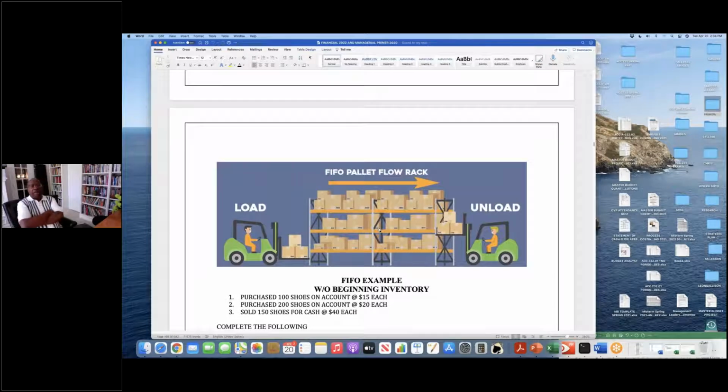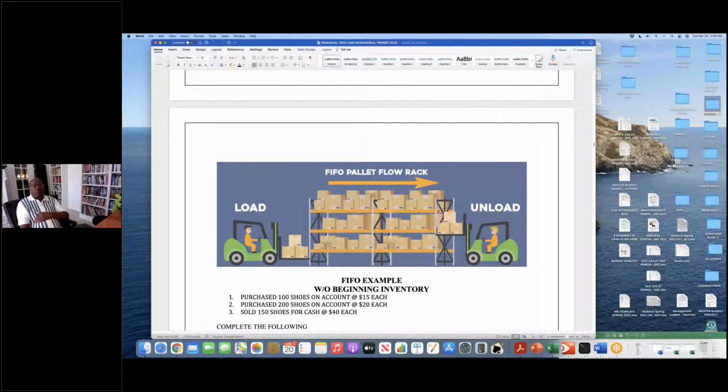Let's look at this FIFO example. In the example, the visual here, you see that when items come in, they're loaded and pushed forward. So the first ones bought are the first ones unloaded, because we're loading back here, then we're unloading here.